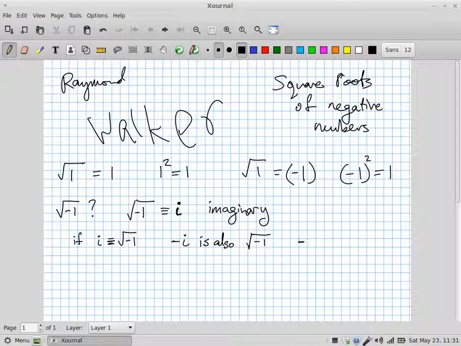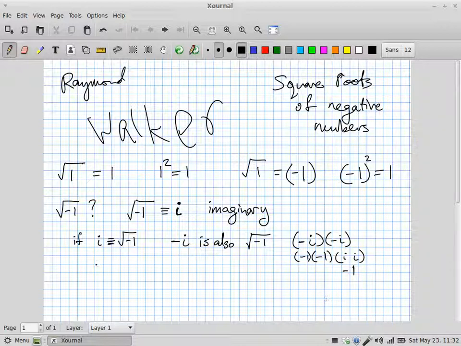That's because if you have minus I times minus I, that's minus times minus, minus 1 if you want to put it that way, and then I times I. And we know that if I is the square root of negative 1, then I times I would be negative 1.